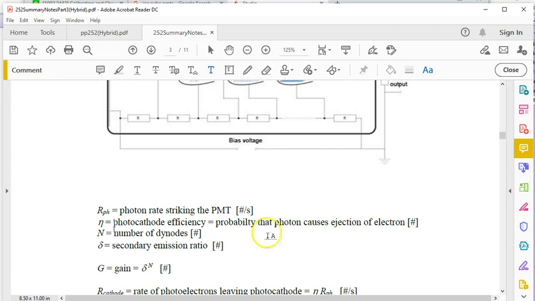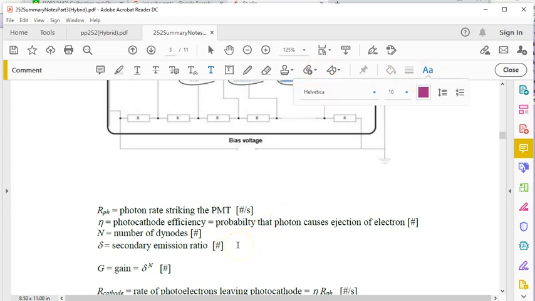Now, the next thing, this secondary emission ratio. What is that? Well, that is the average number of electrons that are emitted from a dinode per incident electron. Let me just write that. Maybe I can just type that right here. Let's see if that works. Yeah, that should work.